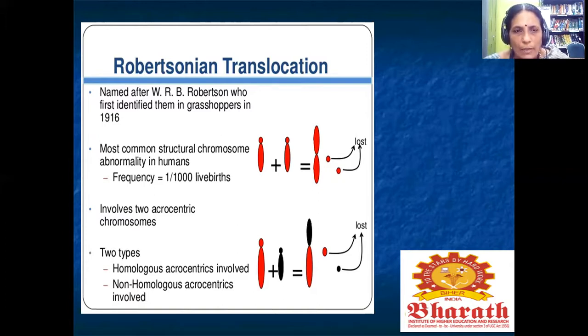There are two types of Robertsonian translocation. The first is where homologous acrocentrics are involved, and the second is where non-homologous acrocentrics are involved. See the picture.